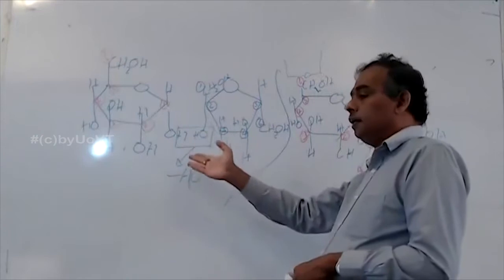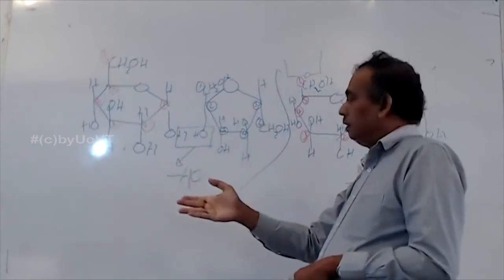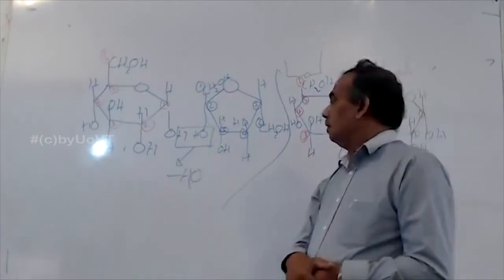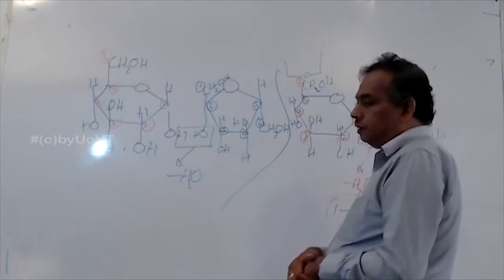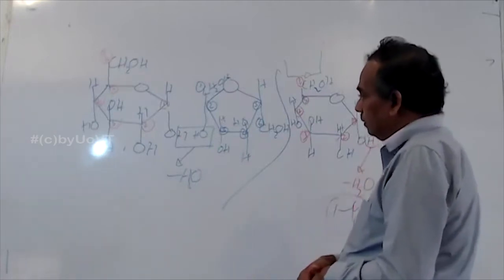Because this is the alpha isomer, we can consider this bond an alpha bond. But what is the difference?